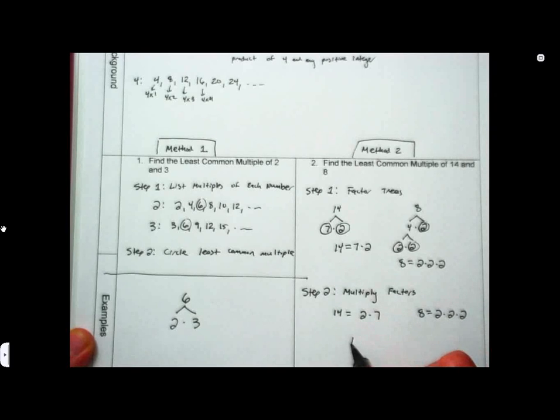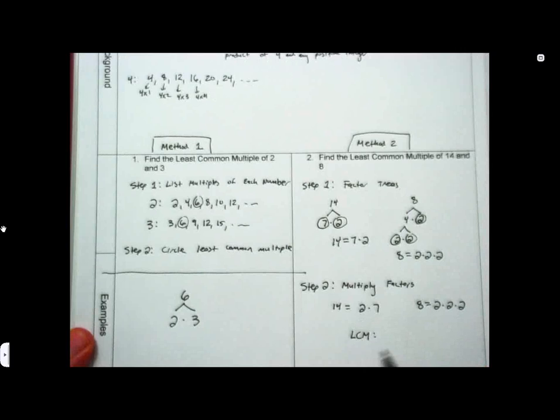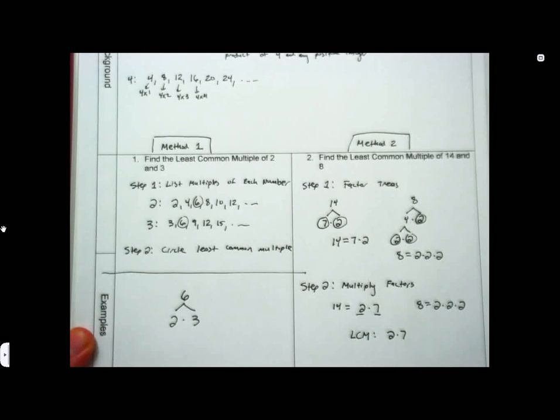Here's what I know about the least common multiple. I know that it has to be 14 times something. So what that means is my least common multiple has to have a 2 and a 7 as factors. The least common multiple also has to be, at the same time, 8 times something. What that means is my least common multiple has to have three 2's in it.